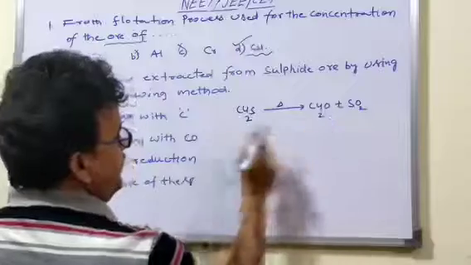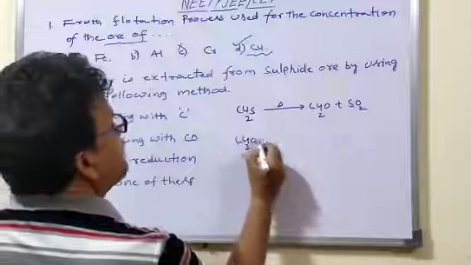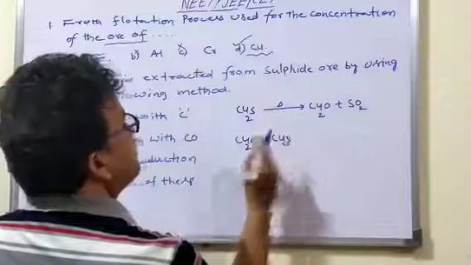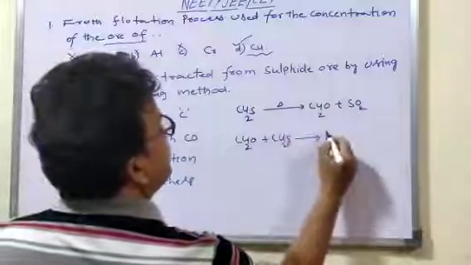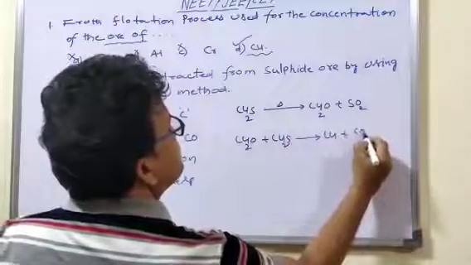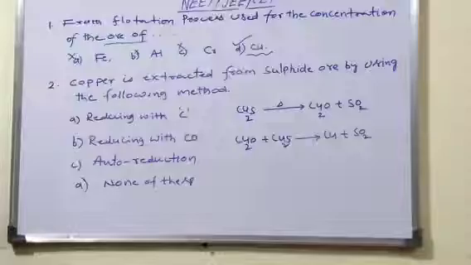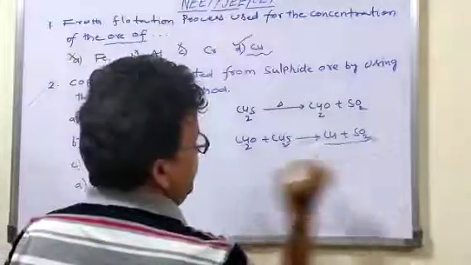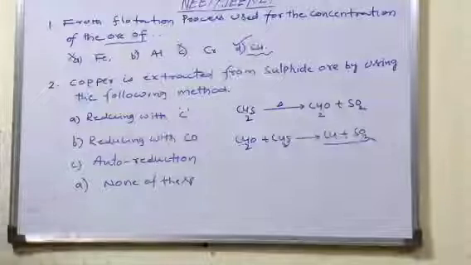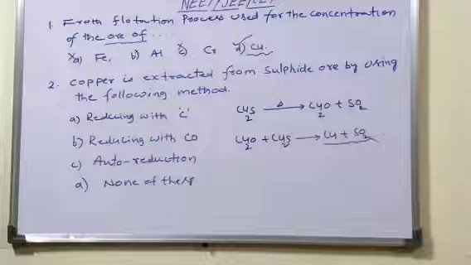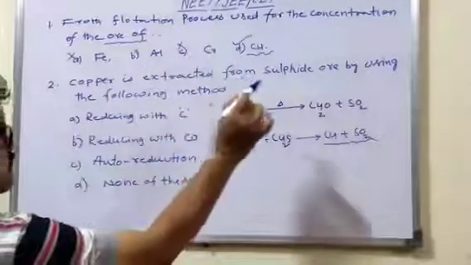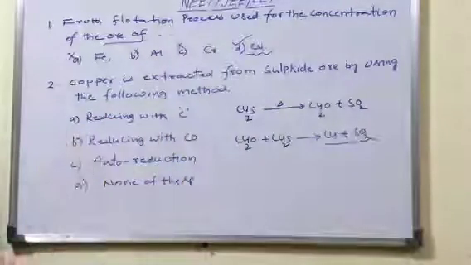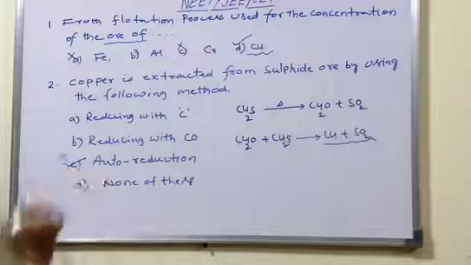This copper oxide reacts with copper sulfide again, giving copper plus sulfur dioxide. So here we didn't use any reducing agent.